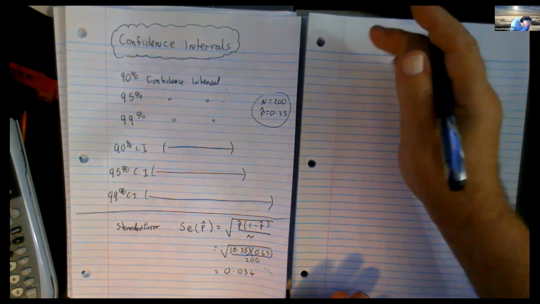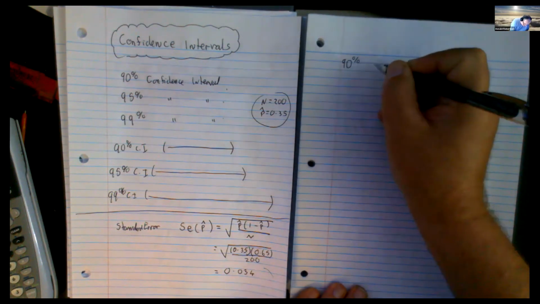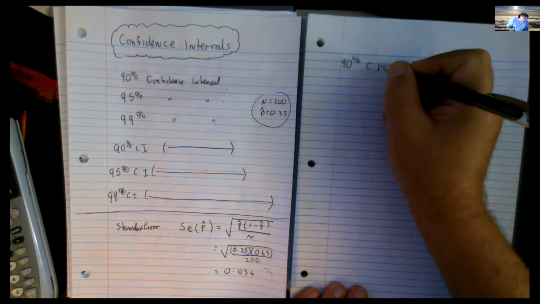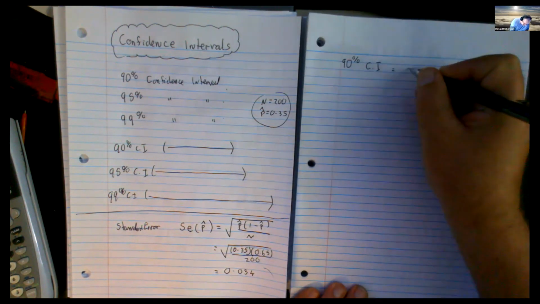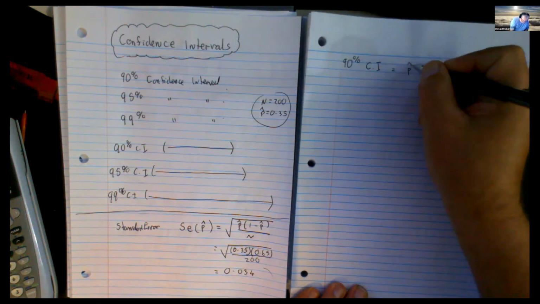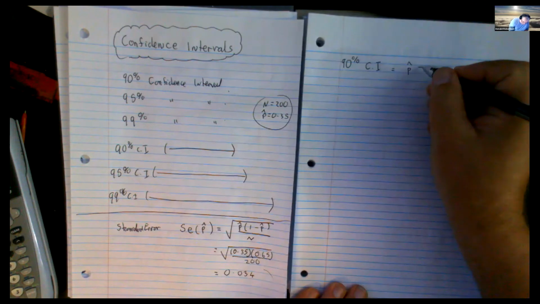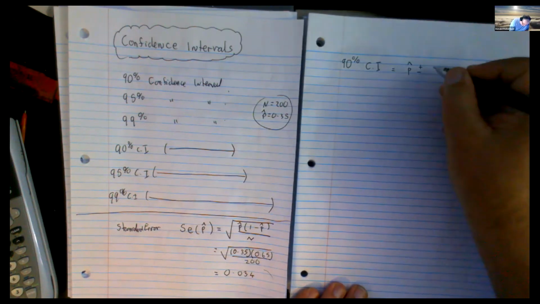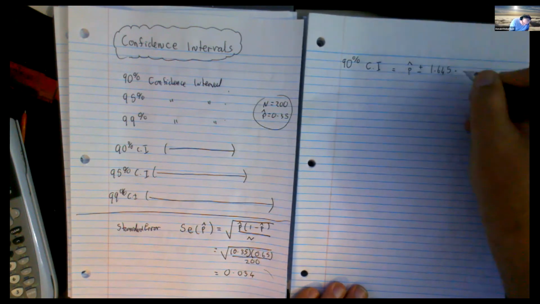So let's show you the formula for the 90% confidence interval. Its formula is p hat, the sample statistic, plus or minus 1.645 times the standard error of p hat.